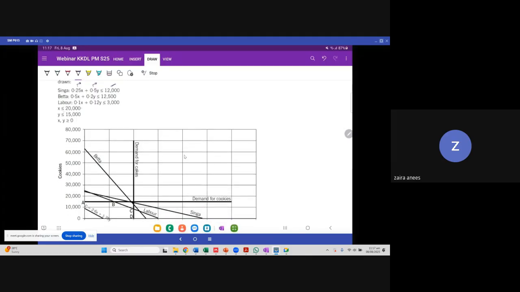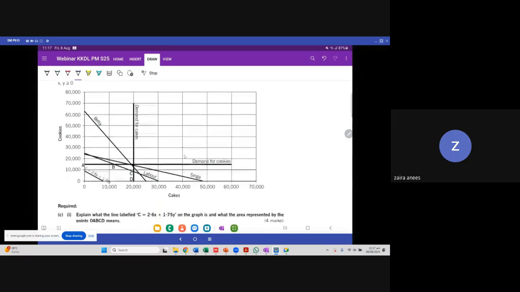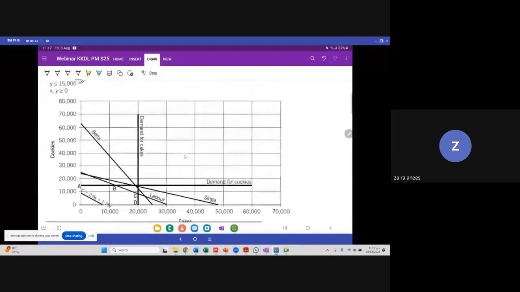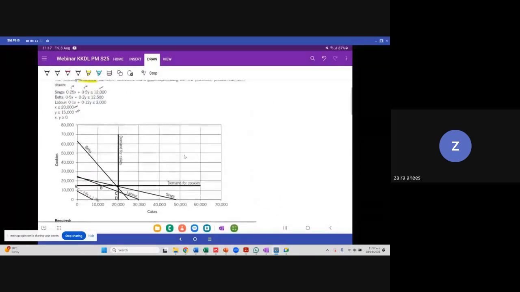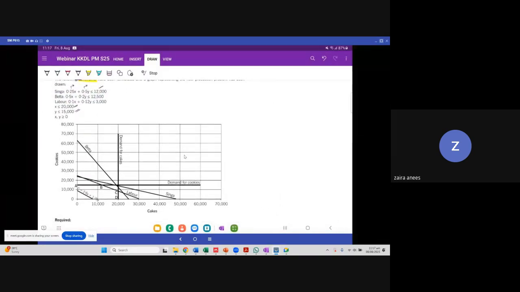And then we have two demand constraints. X should not exceed 20,000, Y should not exceed 15,000. And the examiner has given you this graph. So the first thing we can do, fortunately I have a pen, is mark all these equations. What is the equation of Singa? Singa equation is 0.25 of X plus 0.5 of Y should be less than or equal to 12,000.